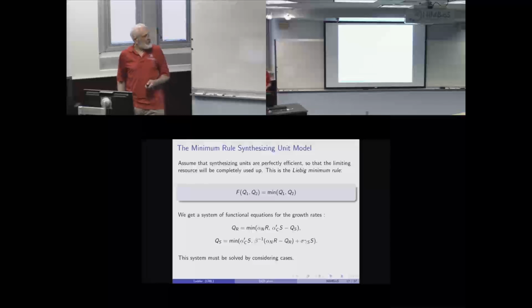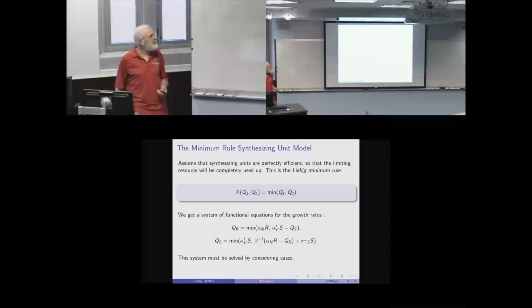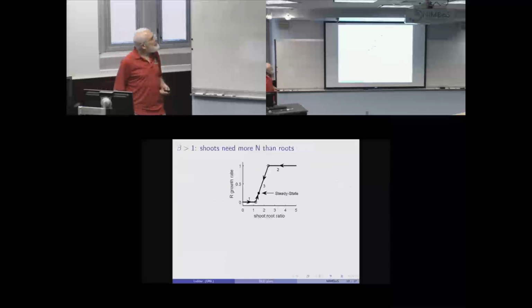And we have to solve this system by considering cases because we have the minimum function. And what you get depends on whether beta is greater than 1 or less than 1. So first we're going to look at the case that we think is more biologically realistic nearly all the time, if not all the time. The case where shoots need more nitrogen than roots do.